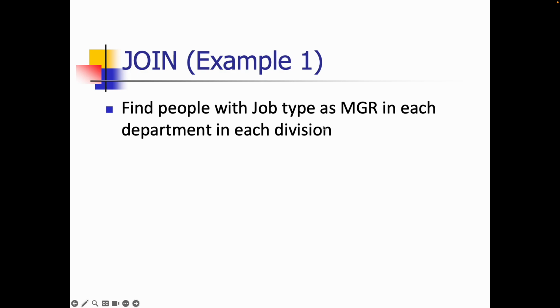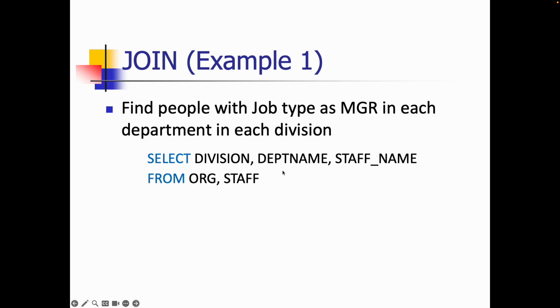So we need to select a staff name, job, department number, right, and division from the 2 tables that we have, which are table organization and staff. And because the names of the columns were unique, you could use them without specifying which table, but if that is the common name between 2 tables, then you have to specify.